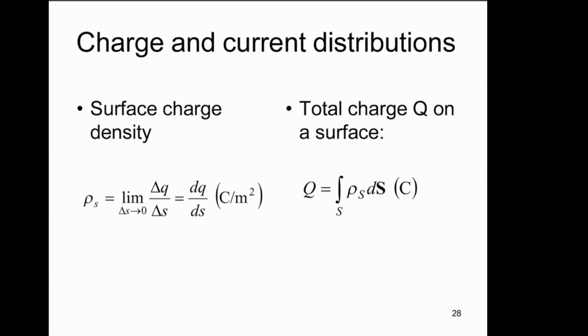Next one is surface density. Let's say we have a surface. We consider just a small part of the surface as ds. And also there will be dq here.